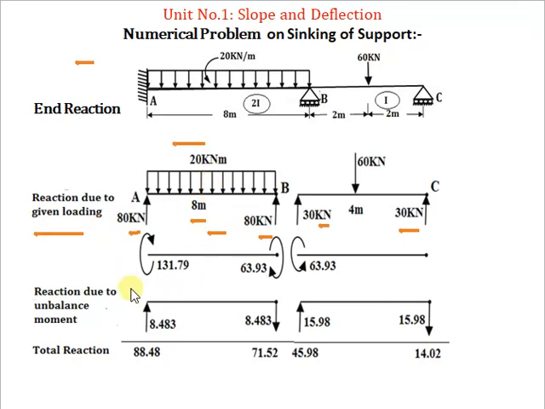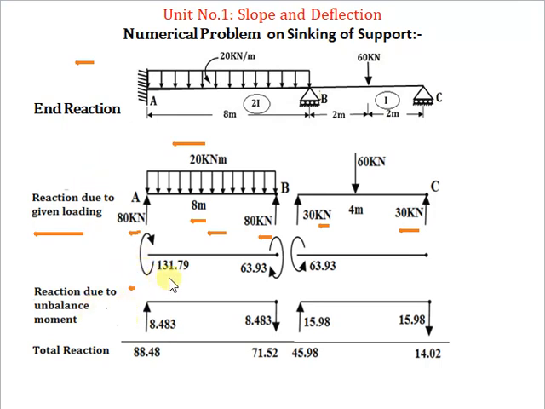Now find out the reaction due to the unbalanced moment. So at A, the moment is 131.79 kilonewton meter, and it is in a minus sign, and it is in a clockwise sense.